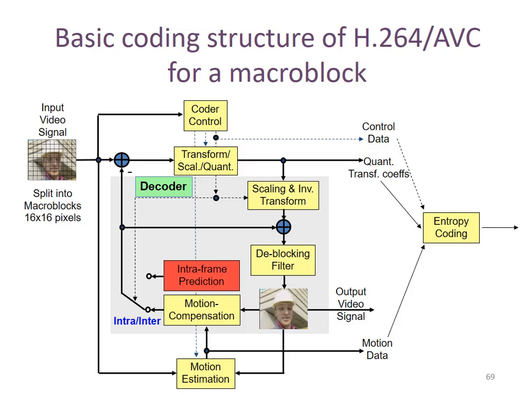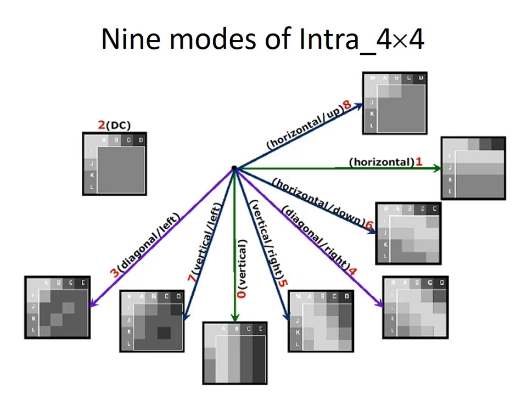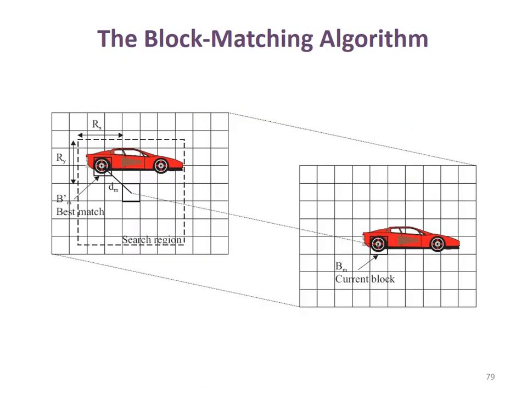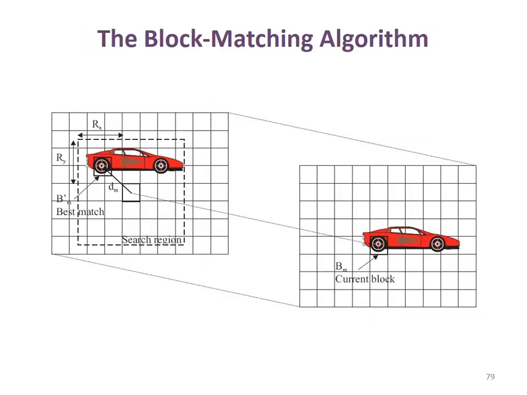Next, because we have only 15 minutes left, let me jump to the motion estimation algorithm directly. We call this the block matching algorithm. Just like I said, here we have a vehicle. If we know the vehicle's position in the previous frame, then we can record the motion vector directly.